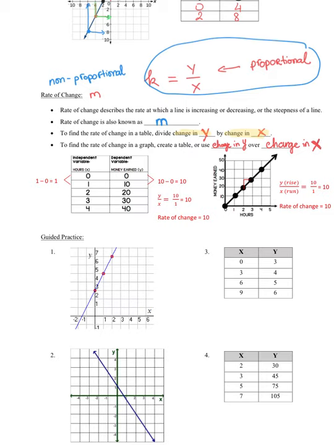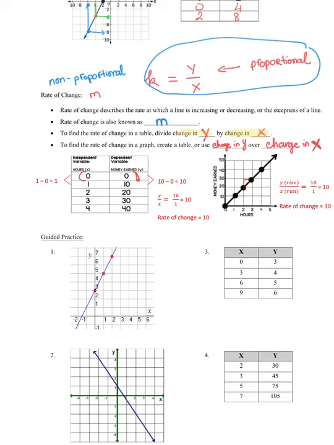Okay, so the first example is the example for k, proportional, because it starts at 0, 0. It's telling you this table and this graph right here is proportional. So we are going to use, you can use k or you can use m in this case.